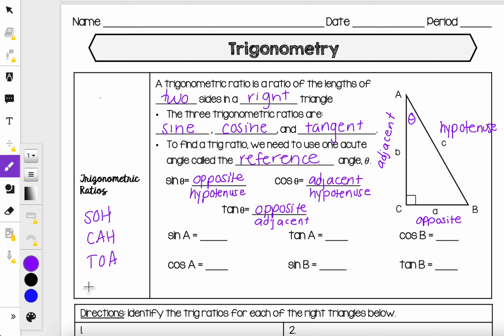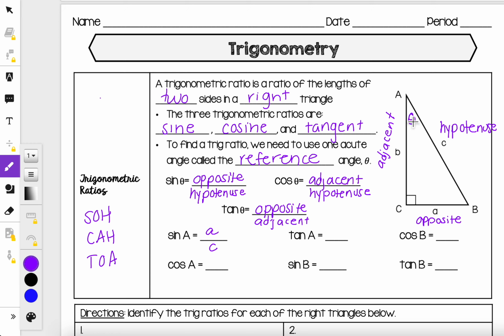So let's just practice identifying these ratios. If I was looking at the sine of A, that's going to be your opposite side over your hypotenuse, which would be A over C in this case. I'm just going to use the variables here because I don't have numeric lengths.